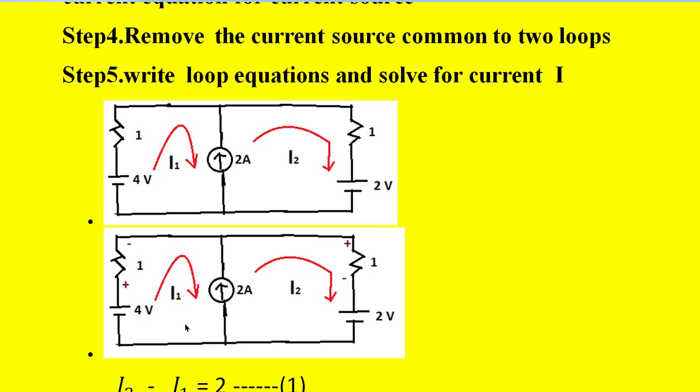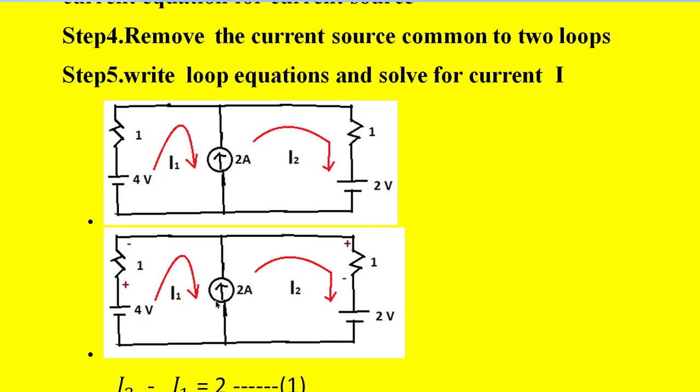So in loop 1, current I1 is entering here, so we put plus here and negative here. The voltage source polarity does not change. It maintains its own polarity as it is. That is, this is always negative and this is always positive.